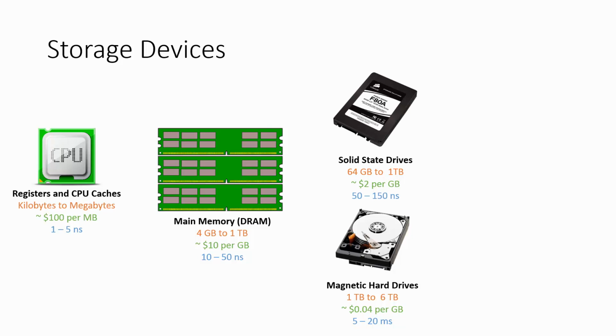And of course, you can employ some kind of system like RAID or use magnetic hard disks in a big SAN, and you can get terabytes or even petabytes of storage. And it's relatively cheap because it's 4 cents per gigabyte approximately. But as you can see, the access time is increased significantly. We're no longer talking about nanoseconds here. This is in the millisecond range now, about 5 to 10 milliseconds.